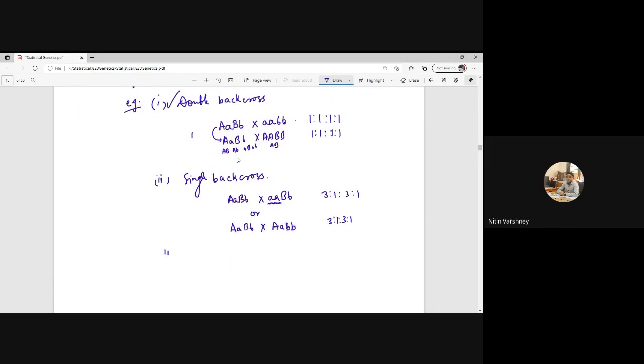And the third one is the F2 family. In the F2 family, we know that this cross is simply the selfing of the F1 hybrid, and the ratio is 9:3:3:1.